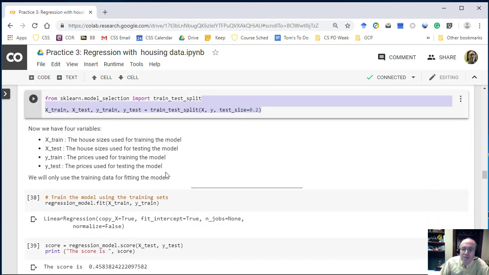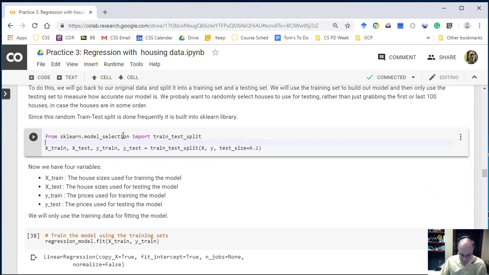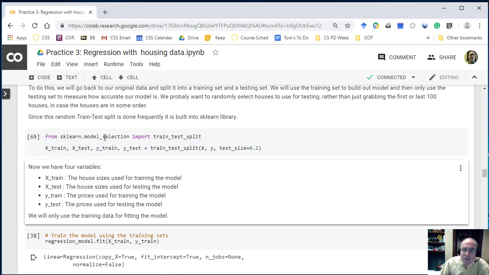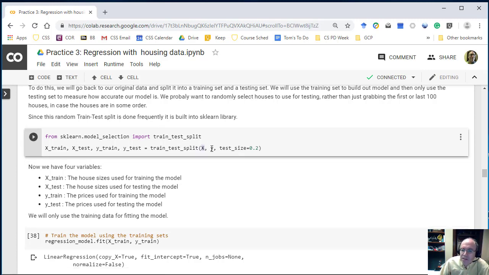So this is how we do that. Let me run this. We do have to import train_test_split from the library, and then we call train_test_split. We give it the x and the y value, and then we tell it how large a test size to have. I'm saying we want 20% of the data set aside for testing, and it will give us four things: an X for training, an X for testing, a Y for training, and a Y for testing.